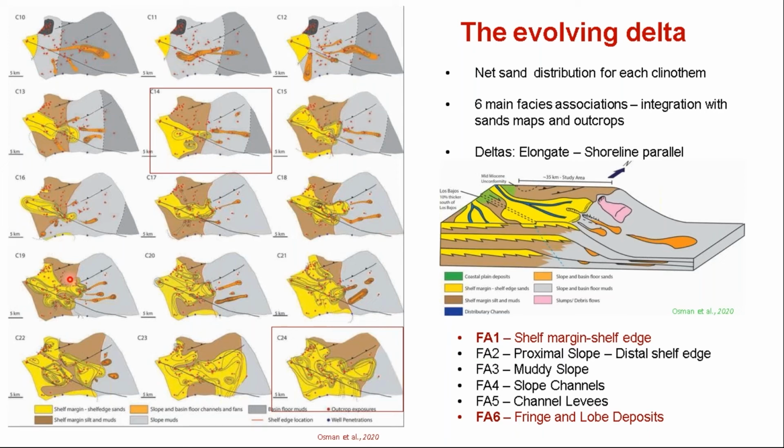I think that at least from the wells I have, the earliest clinoforms have really nice, thick, well-developed sands. While these skinny ones, I can share these maps with you, these are actually contoured as well.